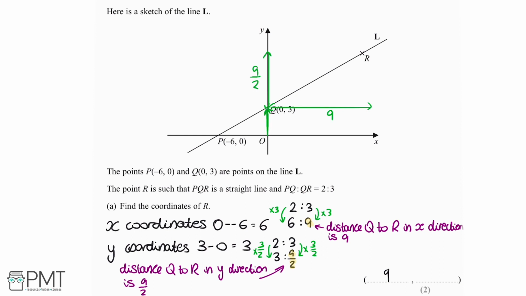This distance here is 3. So the distance of R from the origin in the y direction is 9 over 2 plus 3, so 15 over 2. That's our final answer, and we put it as the y coordinate of R. We get 1 mark for all of this working out, and a second mark if we get the x coordinate and the y coordinate correct.